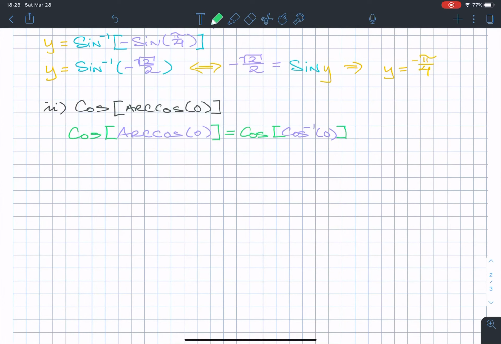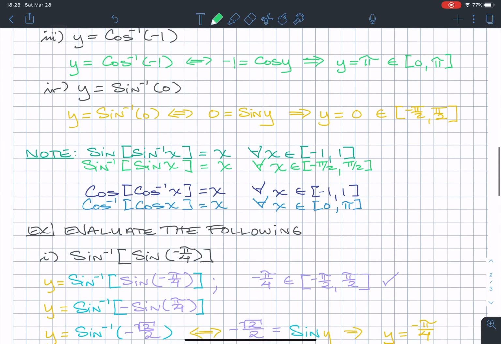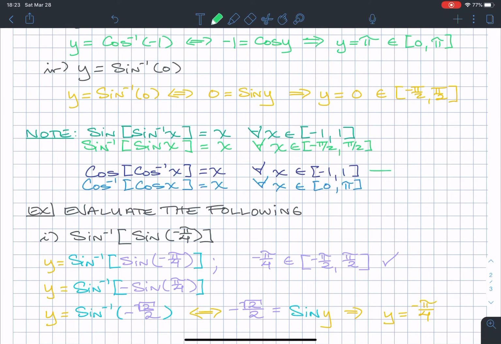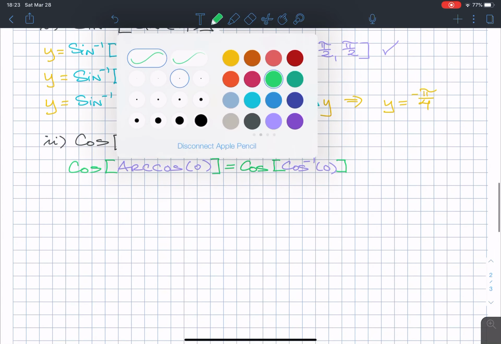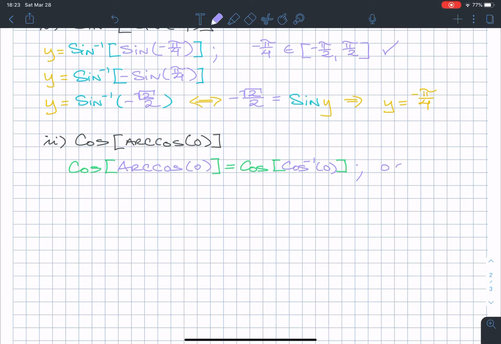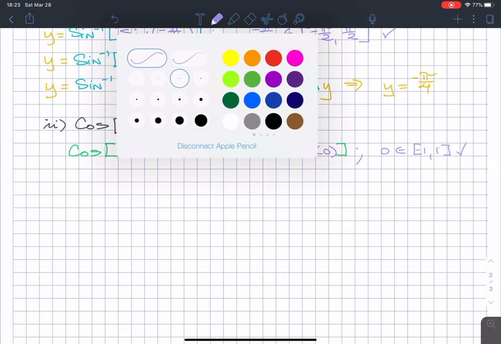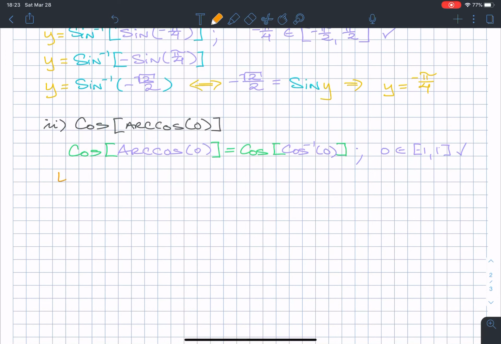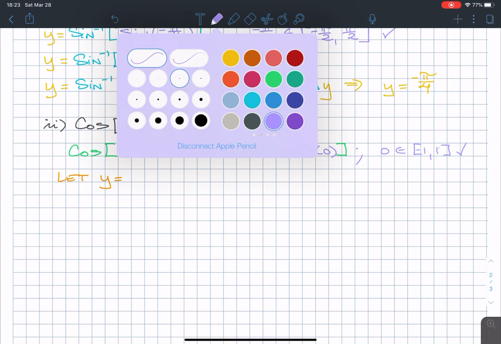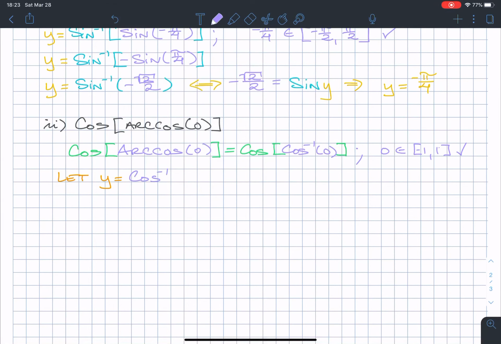Okay, so what is the domain for the inverse cosine? Let's go back up. Inverse cosine should be from -1 to 1. So is 0 between -1 and 1? And yes, it is, check mark. Okay, so what I'm going to do is let y be equal to inverse cosine of 0.